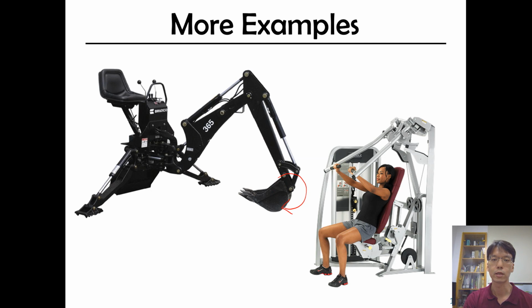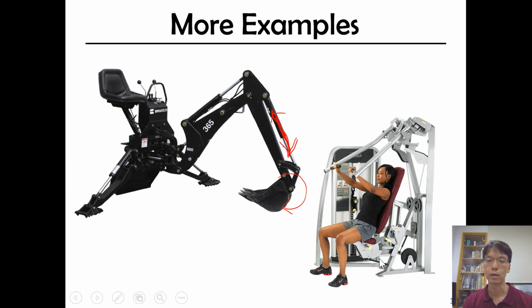Then we can use this claw to plow something, plow the soil, plow the ground, and the actuator is here. It's usually a hydraulic actuator. A hydraulic actuator is doing a linear motion. So we use a linear motion and through this mechanism make this claw rotate. So it's also transferring one type of motion into another type of motion.